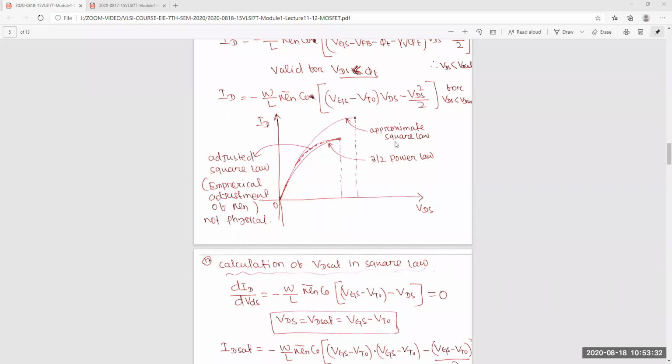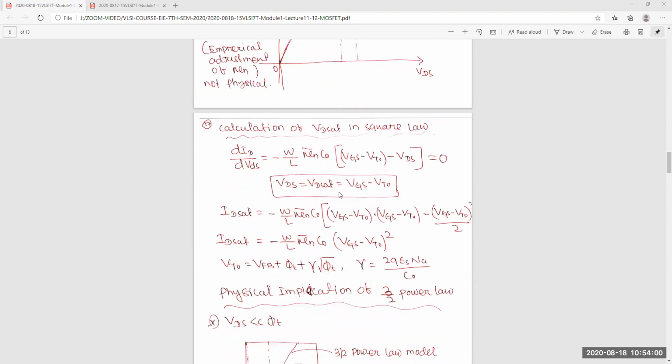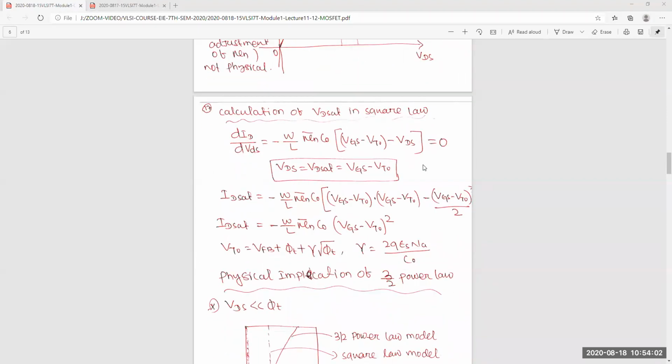So dou ID by dou VDS is 0, and ID is constant. So if we differentiate this, setting dou ID by dou VDS equal to 0, then we can calculate VDS. Yes or no? At this point the slope is 0, that is dou ID by dou VDS equal to 0, and then you can calculate this VDS.